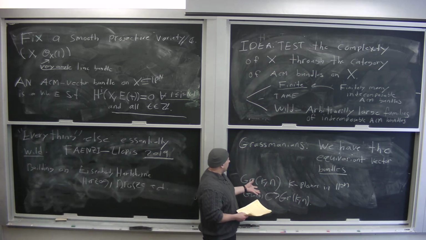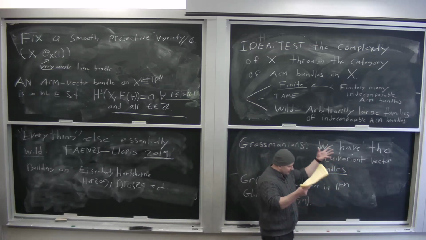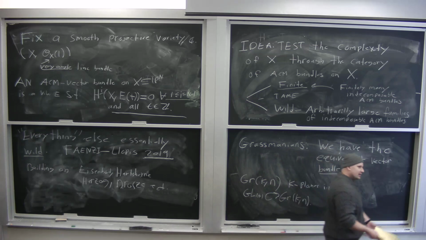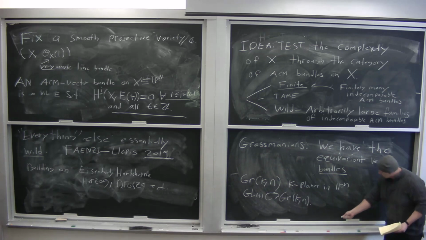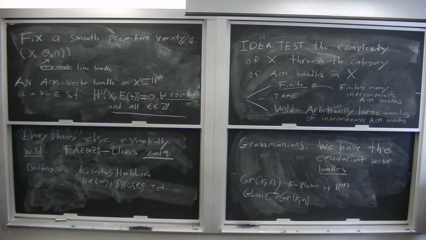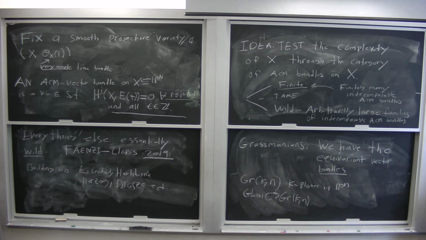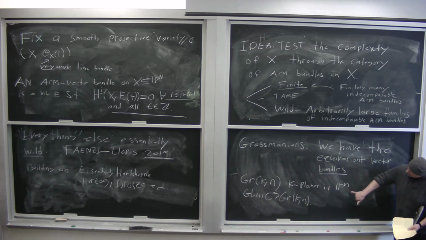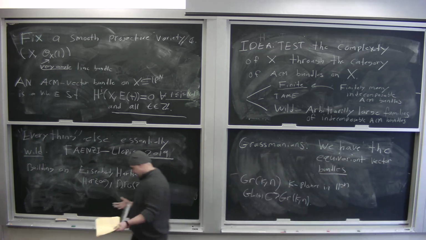And so now I want vector bundles that are equivariant with respect to this action, which means that the structure map should be a GLN equivariant map. And the idea is that this is something that is much more manageable, because we know exactly what they are.